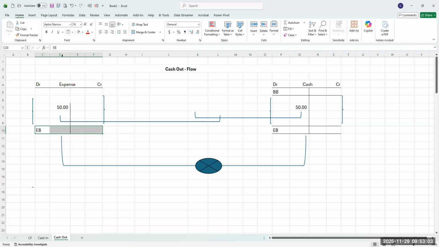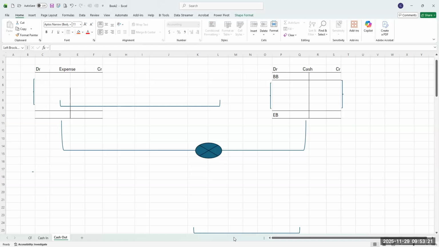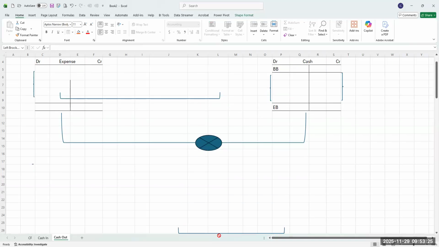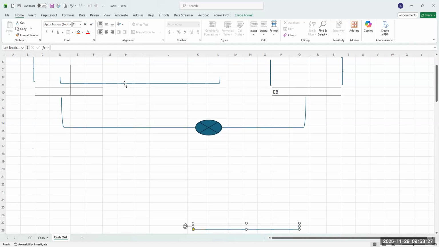So we have our expenses, expense account. On which side do the expenses go? On the debit or credit side? Expenses, on which side are they going? Debit or credit? Debit. On debit.